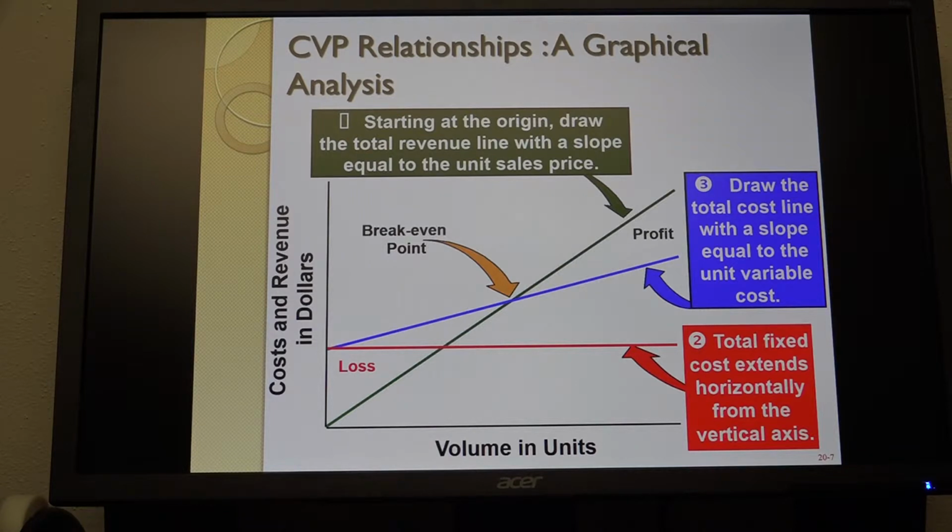This is the point where neither profit nor loss is made by the company. Anything below the blue line is loss. Anything above the blue line is profit.